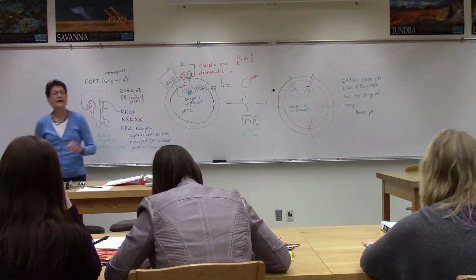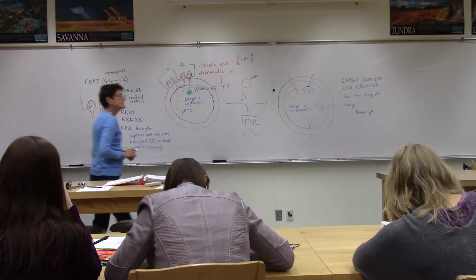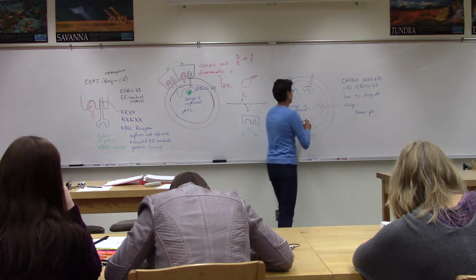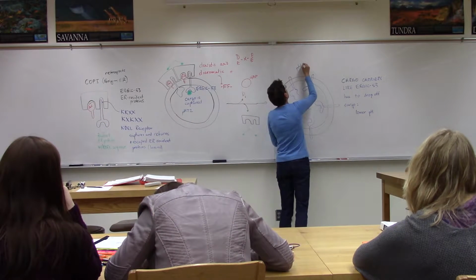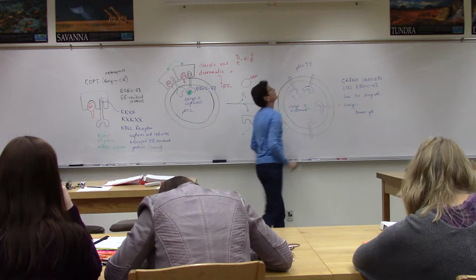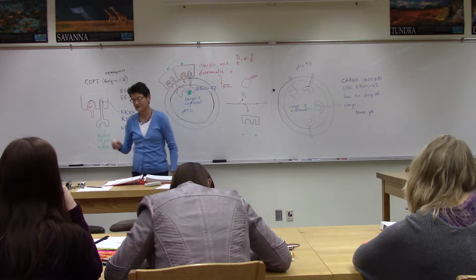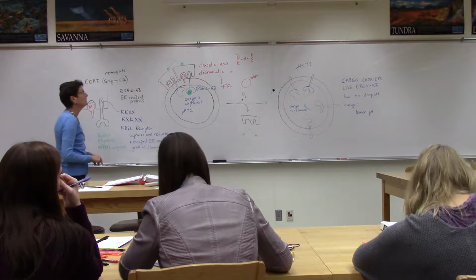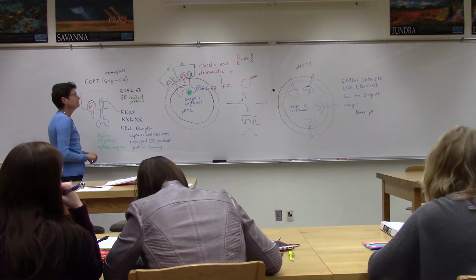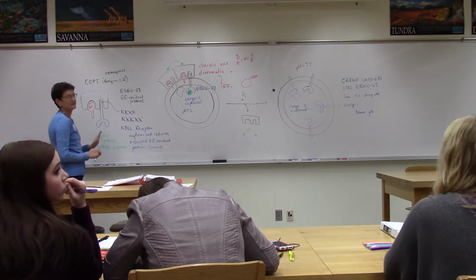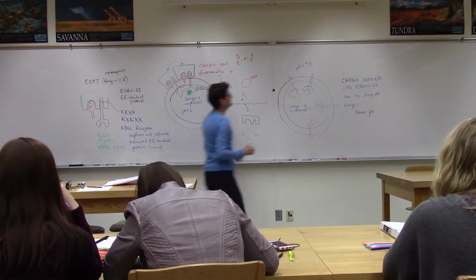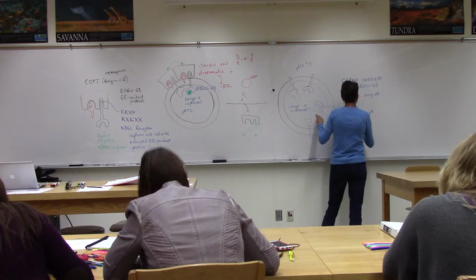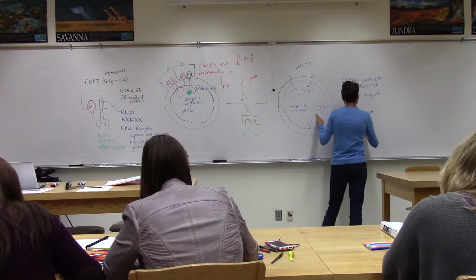But here, where the pH is about 7.2, there's probably a higher affinity. I think this is less than 7.2. I don't know if it's 6.7, if it's the same pH as the cis Golgi, but it's less. Another one is a change in calcium.